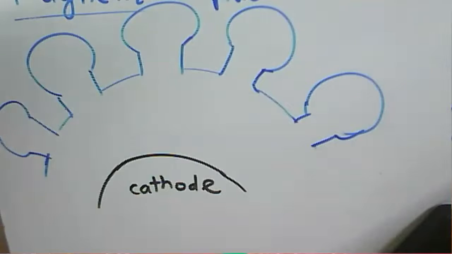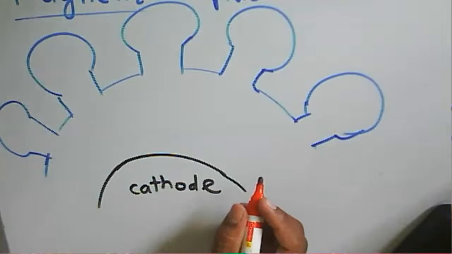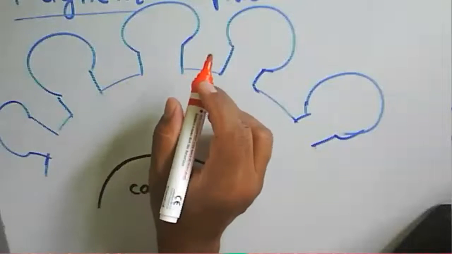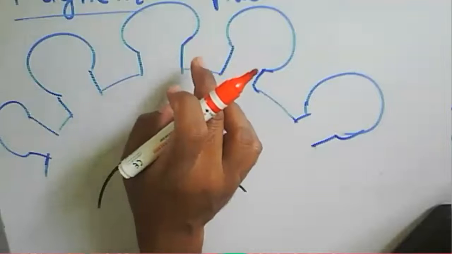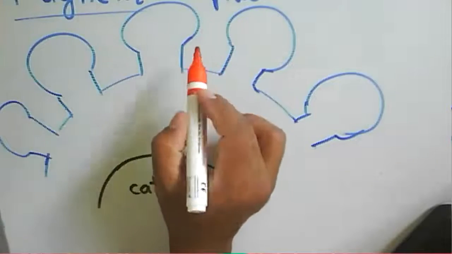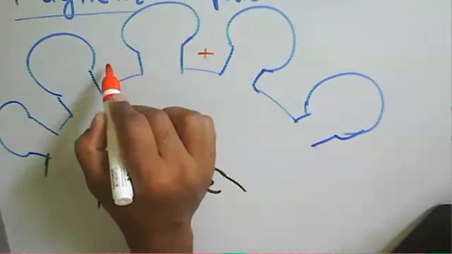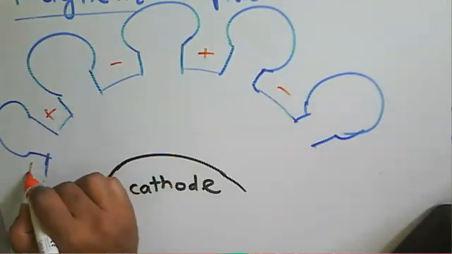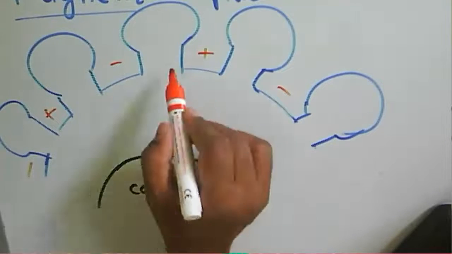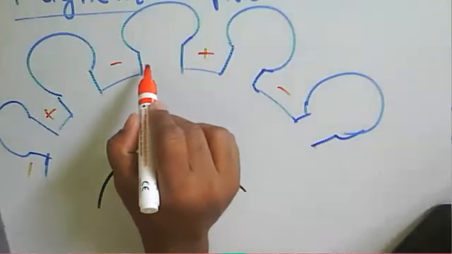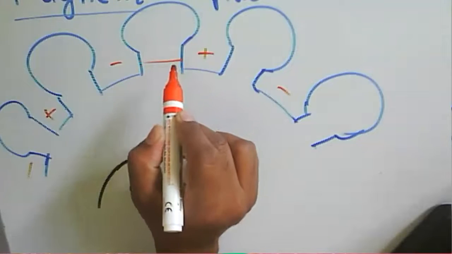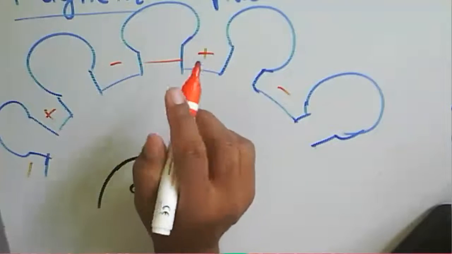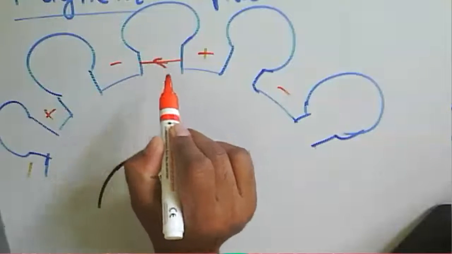Now what happened here? There is an RF field, because alternating cavities become a positive interaction region and negative interaction region. Because of this positive and negative, the field emanates from the positive and terminates at the negative.